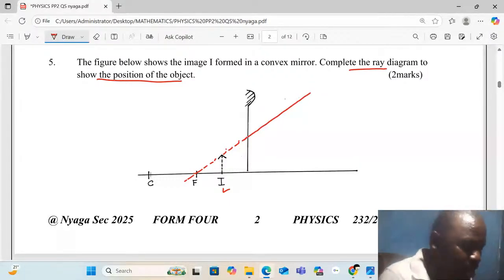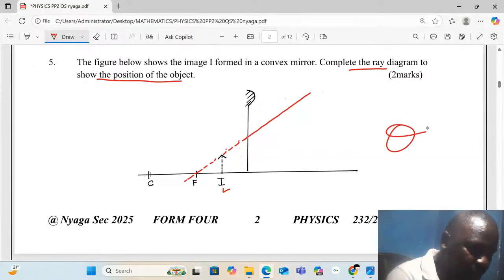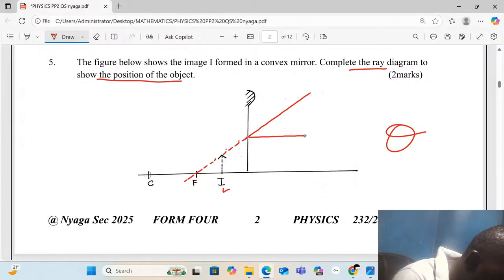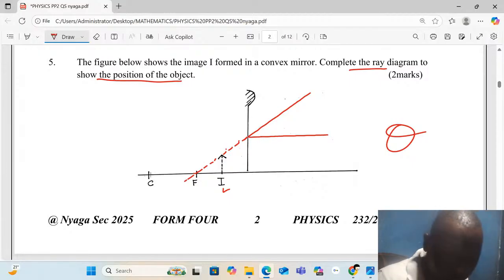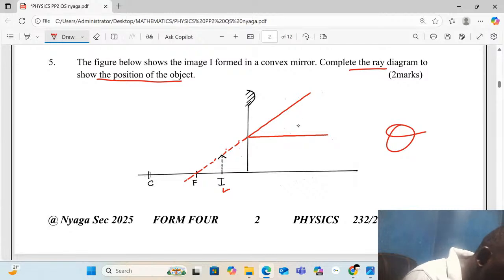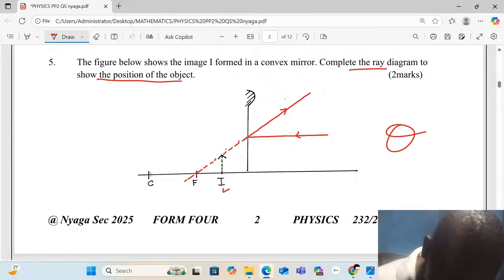So now from these sides, I'll be able to trace a ray that is close and parallel in this manner. Then I'll be able to locate it in this way. So it was in this direction, and then it was reflected back in that direction.